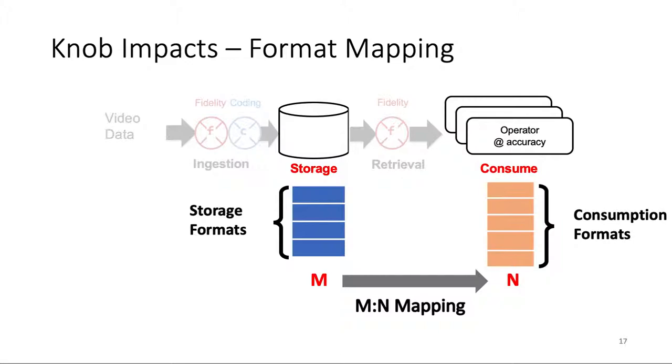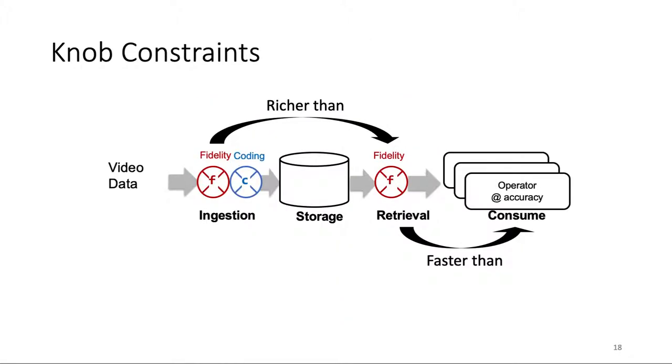There's an M to N mapping from the storage formats to the consumption formats, which I will talk about in detail later. The knobs also have two constraints. The first is that the knobs we tune at ingestion time must be at least richer than the knobs we tune at retrieval time. And the retrieval speed must be faster than the operator consuming speed.